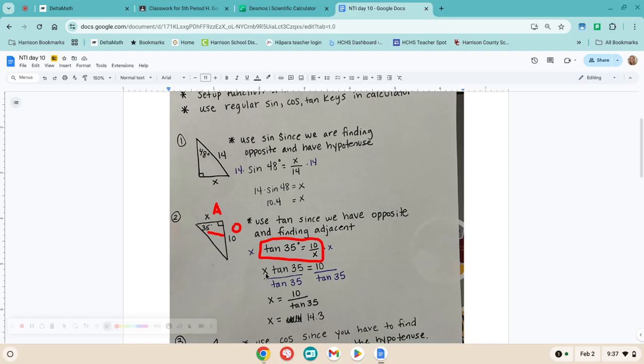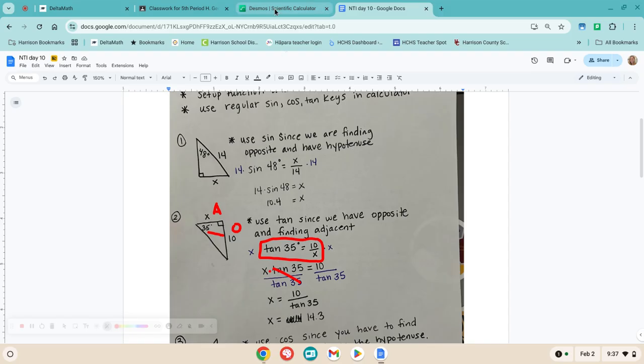That's going to give me x times tan of 35 equals 10. I then have to divide, because this is multiplication right here, by tan of 35 on both sides to get x isolated. That cancels that out right there. And so I have x equals 10 over tan of 35.